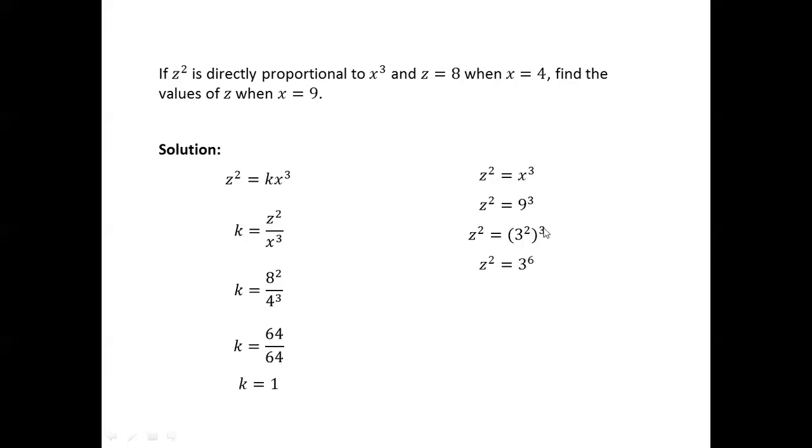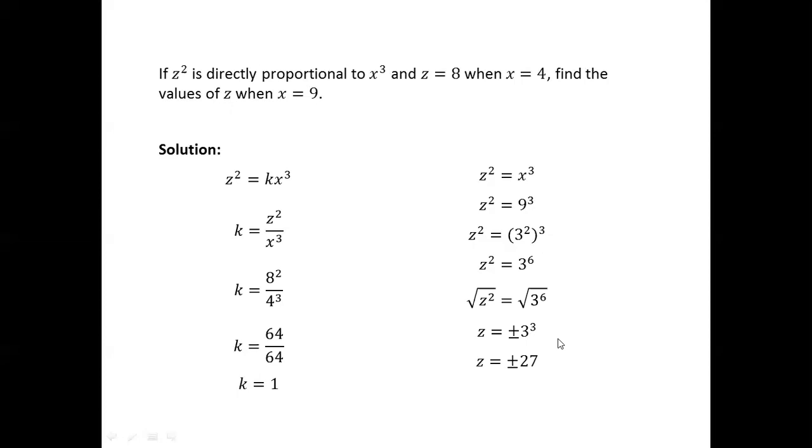Simplifying this, we just multiply the powers, giving us z squared is equal to 3 raised to 6. We then get the square root of each side of the equation. The square root of z squared will of course be z, and the square root of 3 raised to 6 will be positive or negative 3 raised to 3, or simply positive or negative 27.